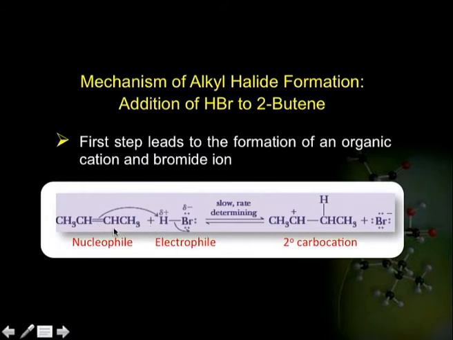Therefore, this electron center picks up this proton without its electrons, and the bromine of this HBr goes along with the shared pair of electrons. As a result, it gives us a bromide ion, and a positive ion, a secondary carbocation, is created for the alkene which was used. This is the first step.